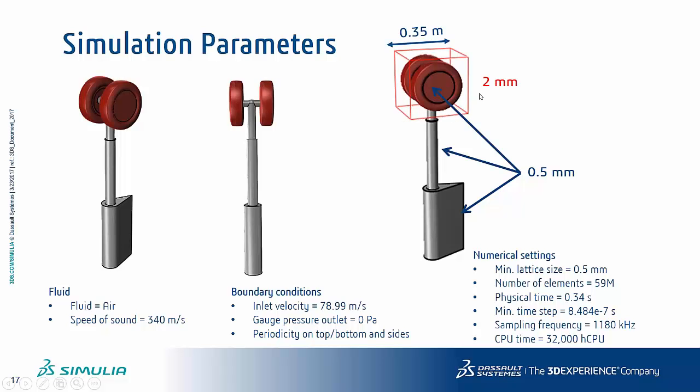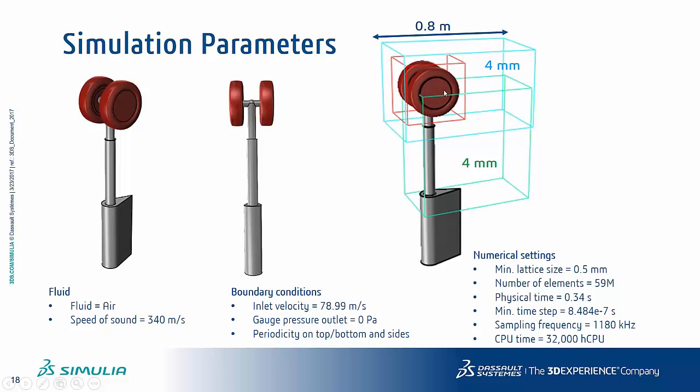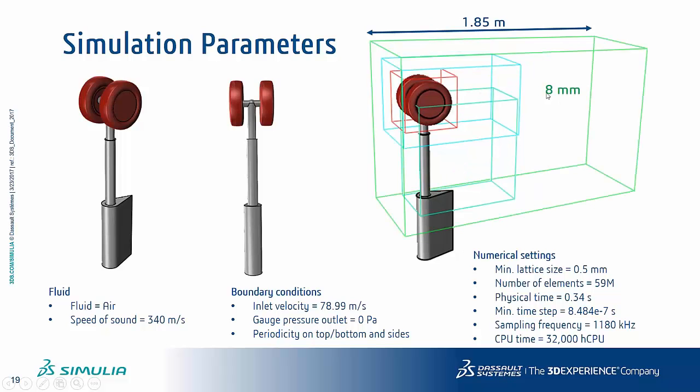In this case, that box is set at 2 millimeter resolution. And then we've built some larger boxes that are larger than the previous one. So you've got 2 in red. Then out of the red box you've got 4 millimeter on that green box, and then you've got 8 millimeter here as well, and so on.